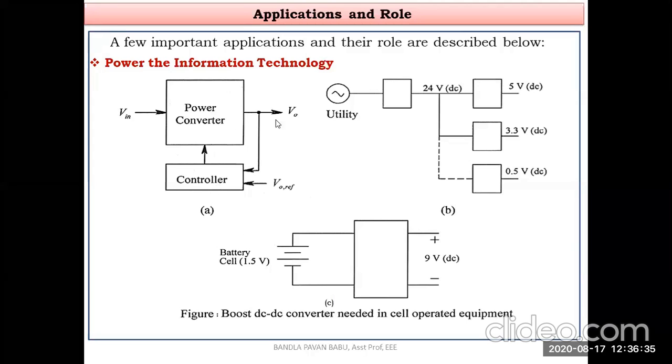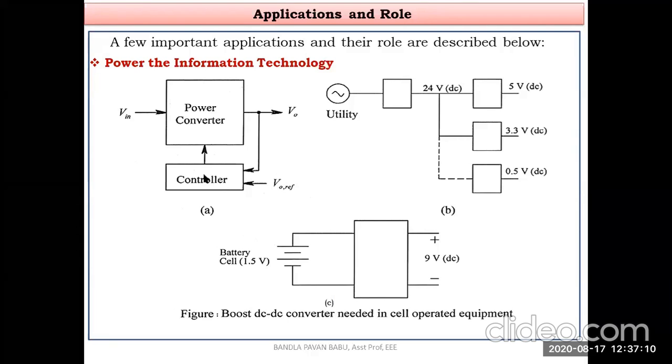Based upon the output, as in the diagram of figure A, the controller adjusts the voltage in the power converter by taking some reference value. Suppose the input voltage is around 215 or 220 volts and I want 240 volts. That is the reference value I have given, so based upon these two, some error is generated.